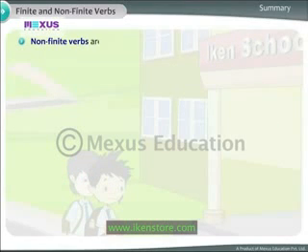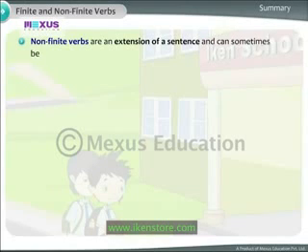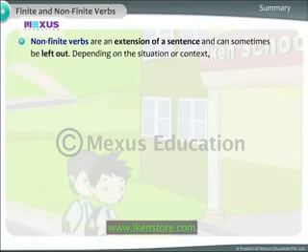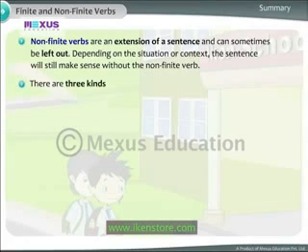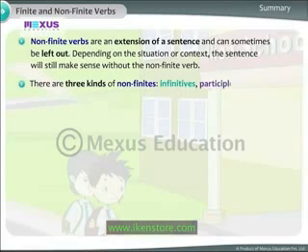Non-finite verbs are an extension of a sentence and can sometimes be left out. Depending on the situation or context, the sentence will still make sense without the non-finite verb. There are three kinds of non-finites: infinitives, participles, and gerunds.